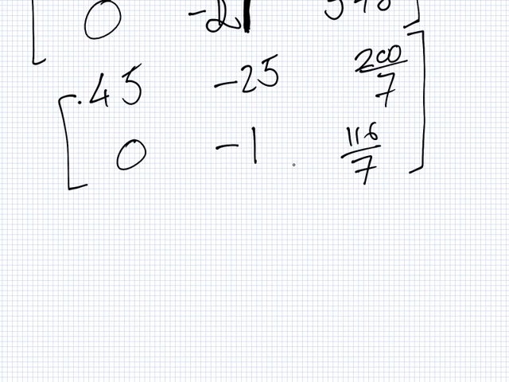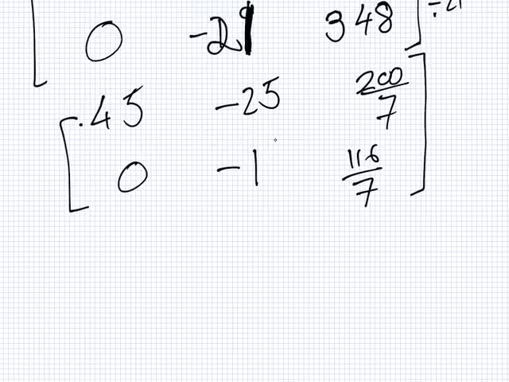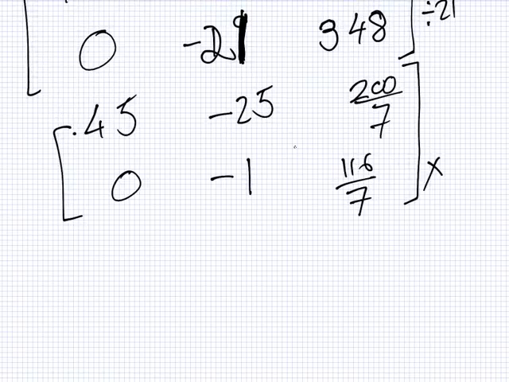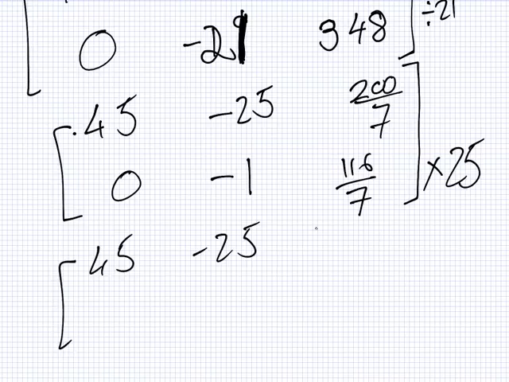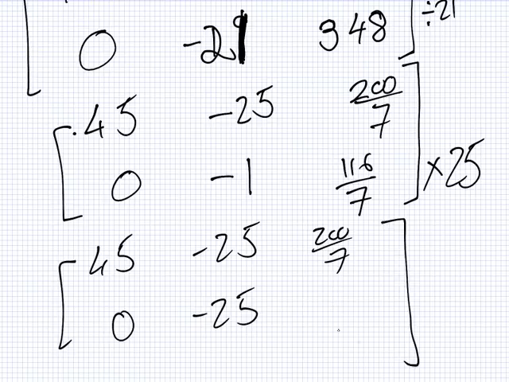I now would like to cancel here. So what could I multiply this by to make these the same? 25. What's the last number, please? 116 times 25 over 7 would be something very ugly.